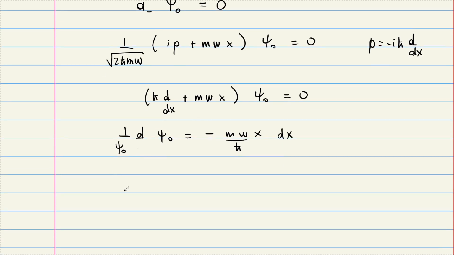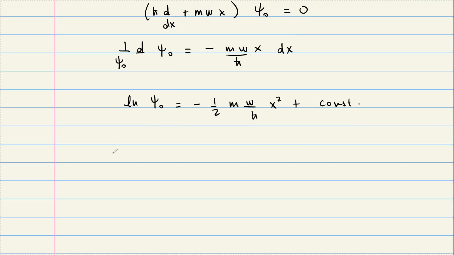So this is logarithm of psi 0 is equal to minus a half m omega over h bar x squared plus a constant. Then psi 0 of x is a normalization constant times e to the minus a half m omega over h bar x squared. Good.